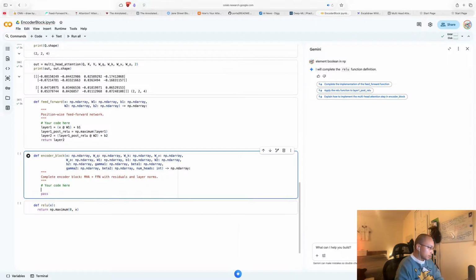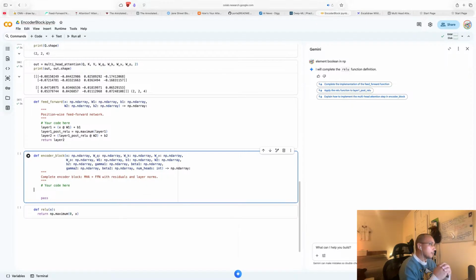All right, so let's see the encoder block. You have the inputs of the data matrix, the shape of which would be the batch size, number of tokens per batch, and then the embedding dimension or the dimension of the model.